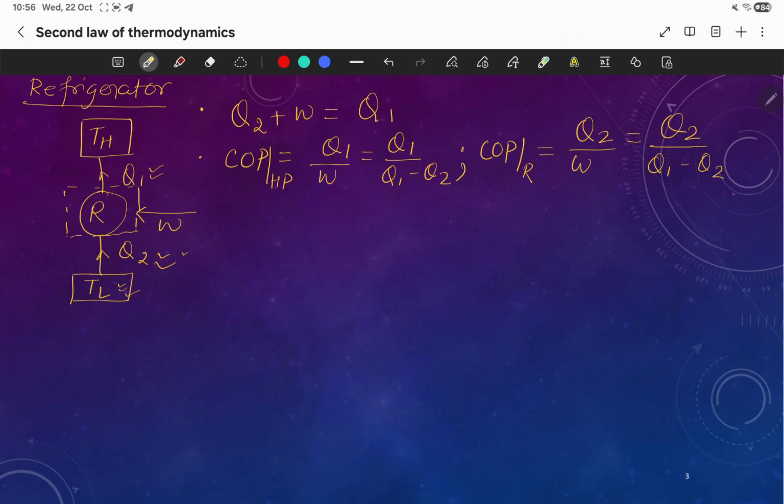And from these two relations, the coefficient of performance for heat pump and for refrigerator, if we subtract these two equations, we get COP of heat pump equals 1 plus COP of refrigerator. So this is the standard relation for the coefficient of performance for a refrigerator and heat pump.